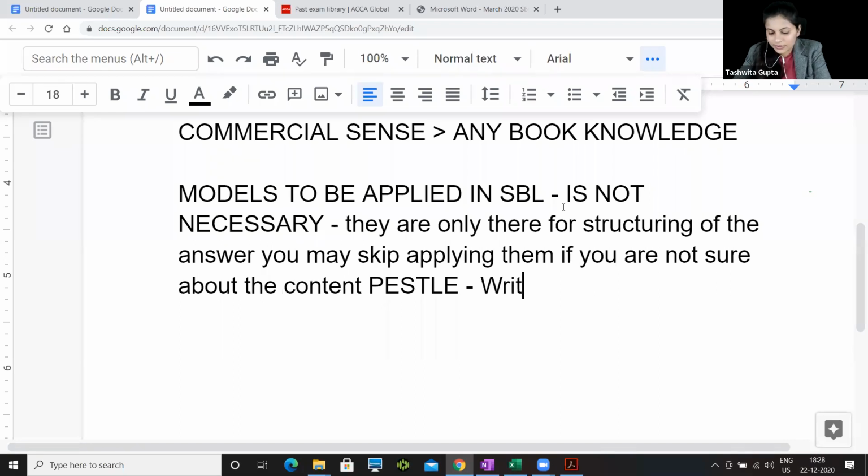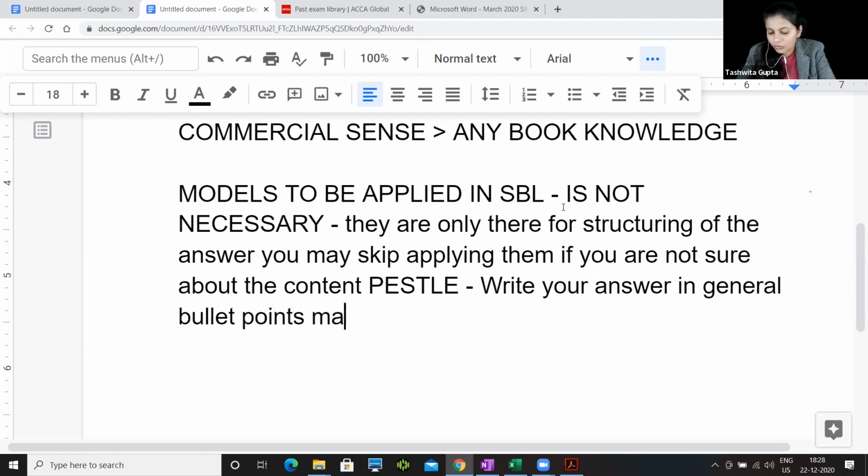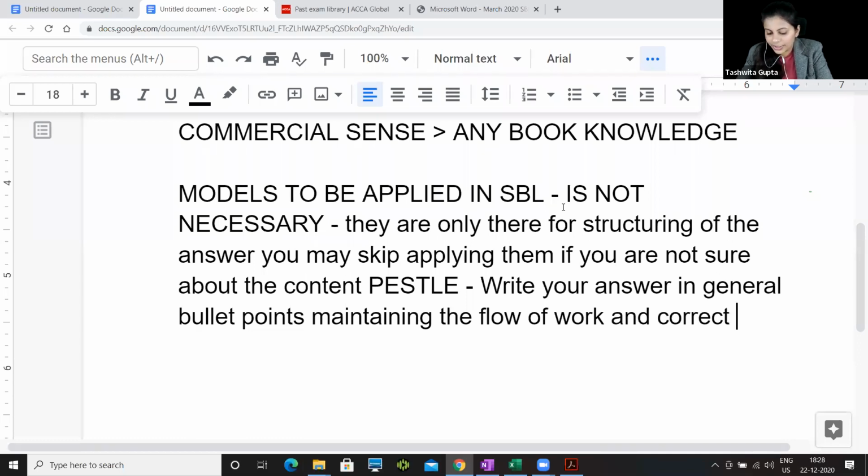Write your answer in general bullet points, maintaining the flow of work, and correct differentiation between two points.